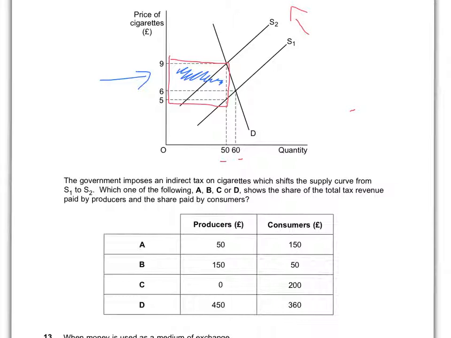Well, the consumer's paying between £6 and £9, so the consumer's paying an extra £3 per unit, multiplied by the 50 units, so the consumer's actually picking up £150 of the tax revenue, so therefore the answer's A.